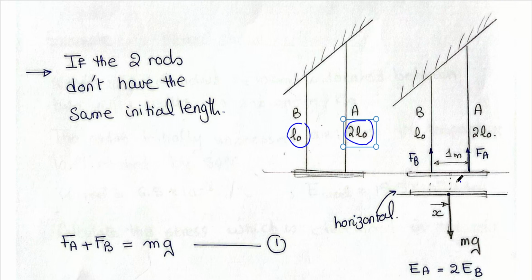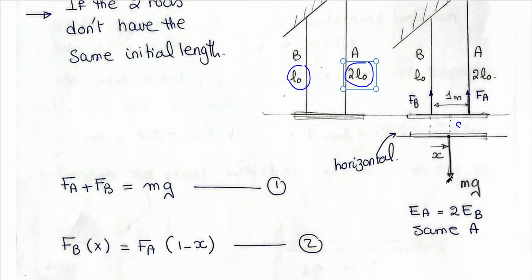We hang at point C mass M. It's given here that Young's modulus of A is double Young's modulus of B and the same area. The difference from the other one is that it's not the same initial length. Do the same and think the same.